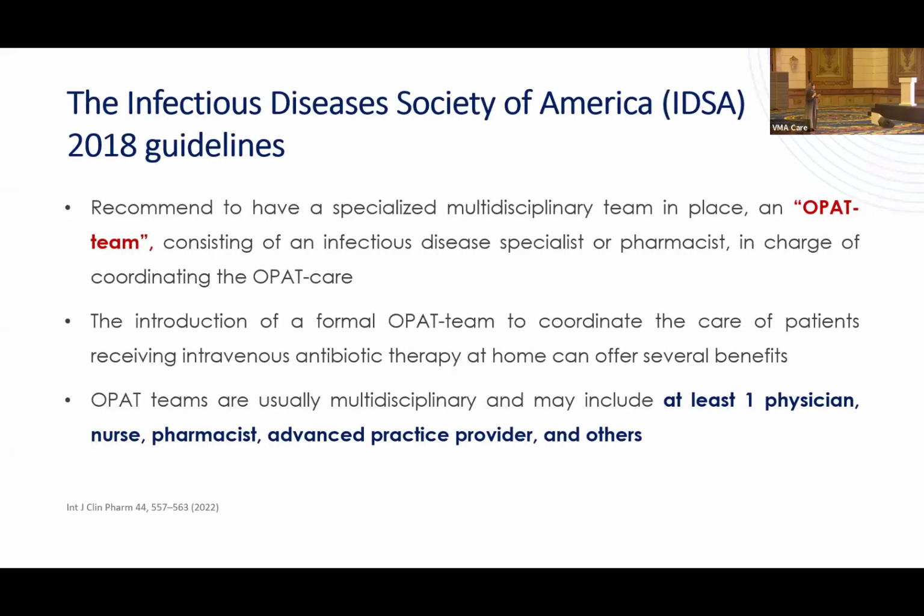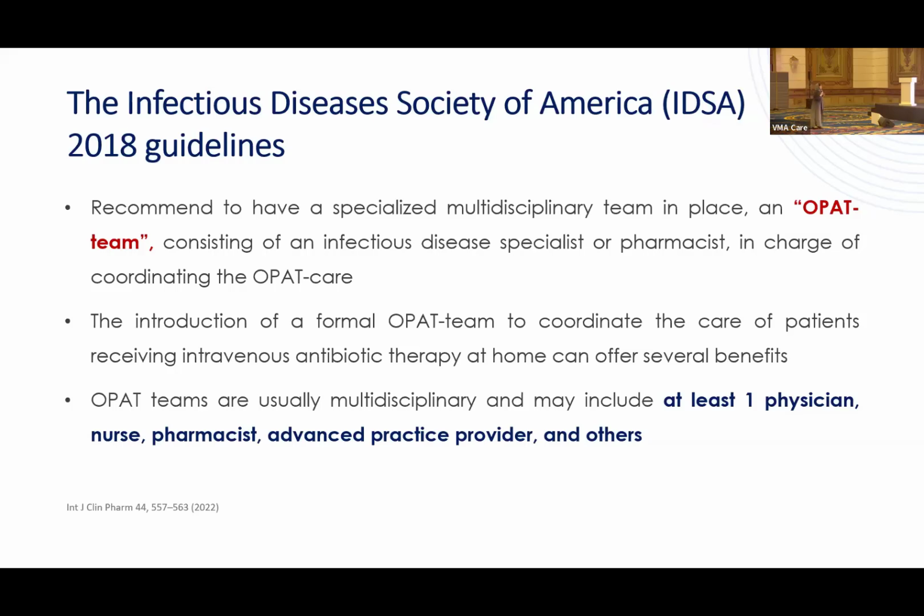So always, if you're trying to set up an OPAT service or OPAT guidelines at your hospital, make sure that you have an OPAT team, similar to the ASP team. They can be the same or different, but you need someone to coordinate the care of the patient: to communicate with the patient, follow up on appointments, check clinical cure, and arrange the necessary labs.